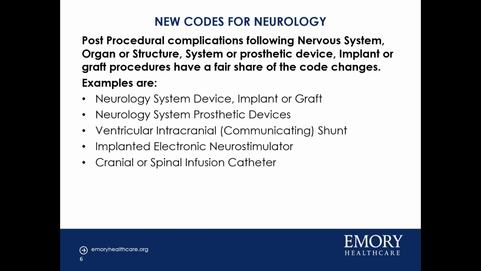Post-procedural complications following nervous system, organs or structure, system or prosthetic device, implant or graft procedures have a fair share of the code changes. Examples are neurology system device implant or graft, neurology system prosthetic device, ventricular intracranial communicating shunts, implanted electronic neurostimulators, cranial or spinal infusion catheter.